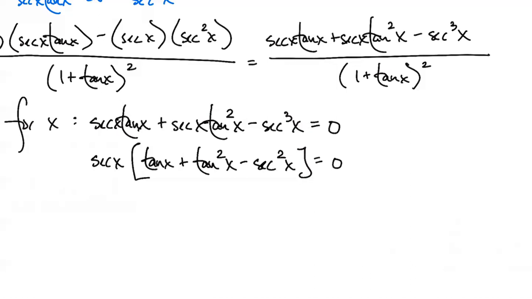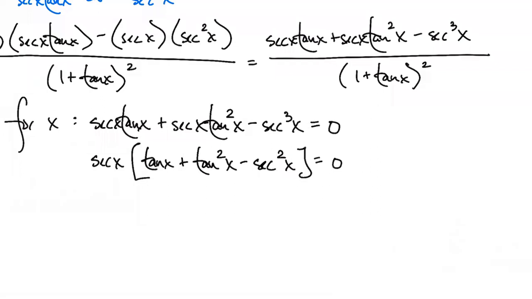All right, but check out what we have here. We have tangent squared minus secant squared. What is another way of saying tangent squared minus secant squared, according to this identity? Ooh, so close. Yeah, it's going to be -1, right?